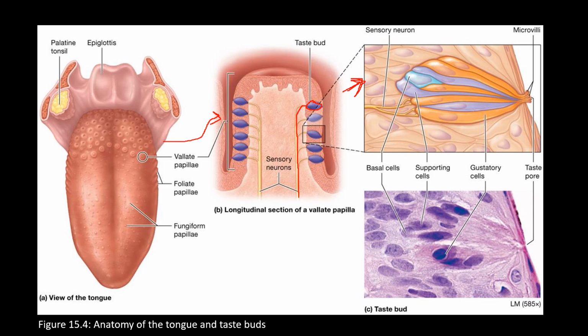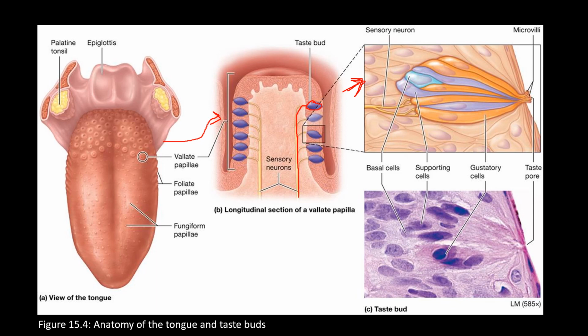These microvilli are found on the apical surface of the cell and project into a small pocket on the surface of the papilla known as a taste pore. So these receptors puncture through into a taste pore, and the basal end of each gustatory cell forms a synapse with the receptive endings of a sensory neuron.